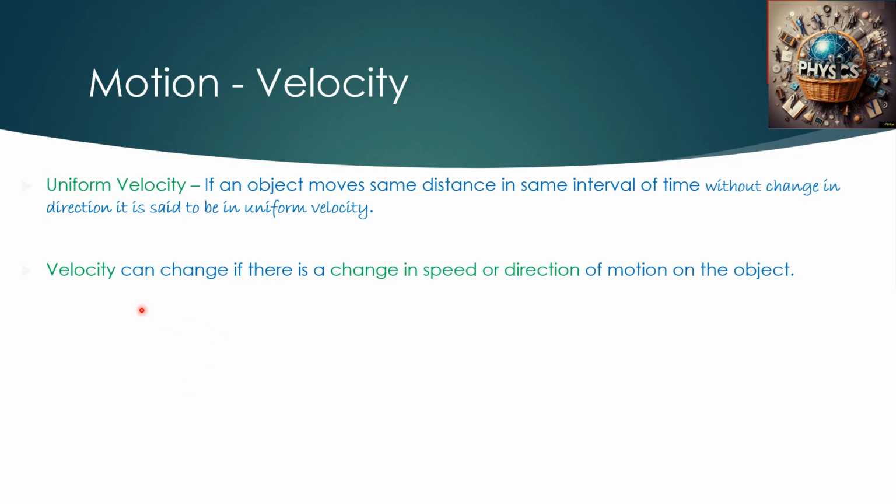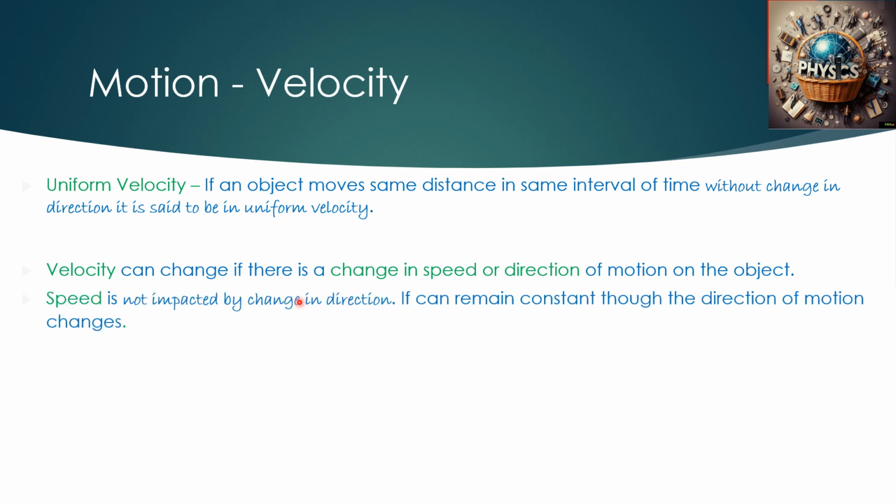So velocity can change if there is a change in speed or direction, because these two are the parameters which can impact the velocity. Whereas speed is not impacted by direction, because speed is a scalar quantity. So even if a body is continuously changing the direction, but it keeps on traveling the same distance at same interval of time, then we can say that the object is still traveling at a constant speed.